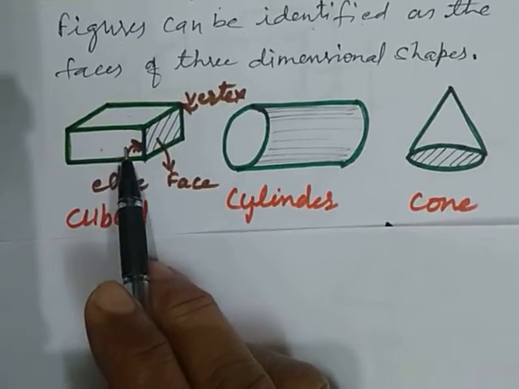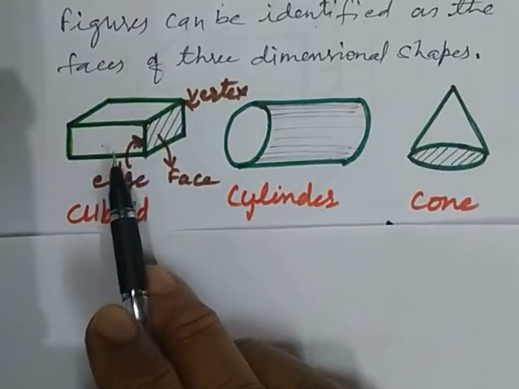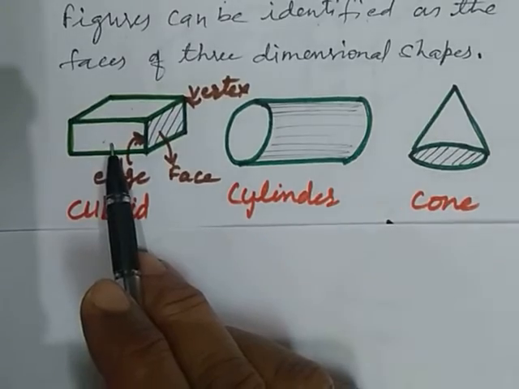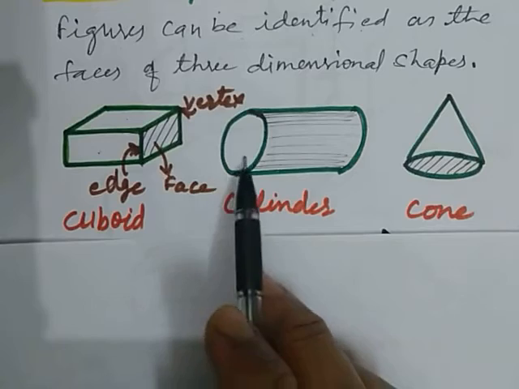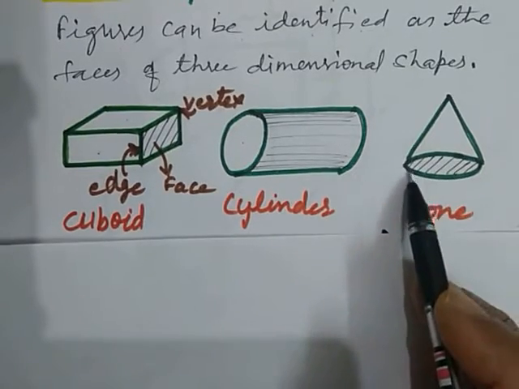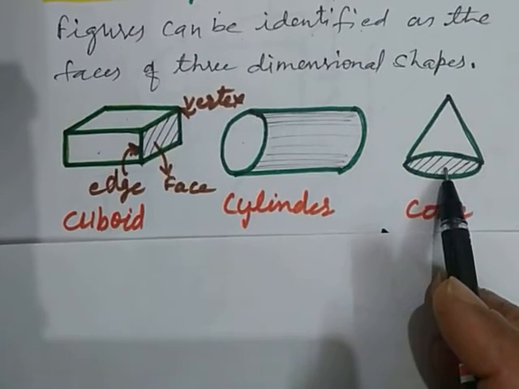So, all solid shapes are formed with the help of two-dimensional figures. This is the circle, which is a two-dimensional face. This cone's base is also a circle, which is a two-dimensional figure.